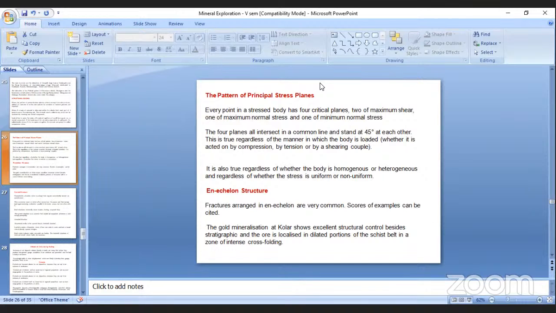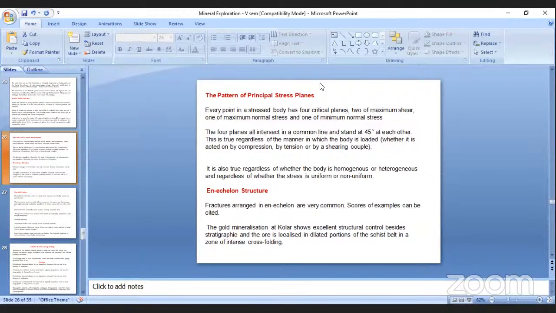Every point in a stressed body has four critical planes: two of maximum shear, one of maximum normal stress, and one of minimum normal stress.